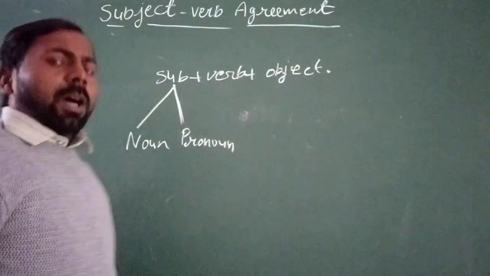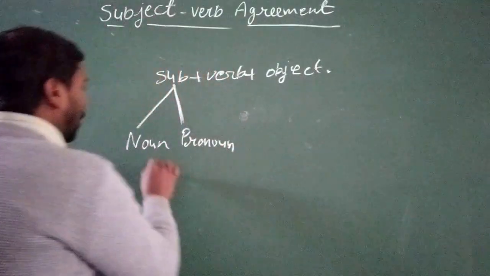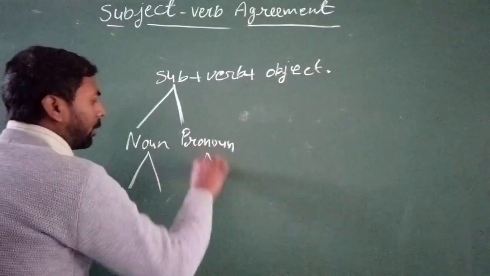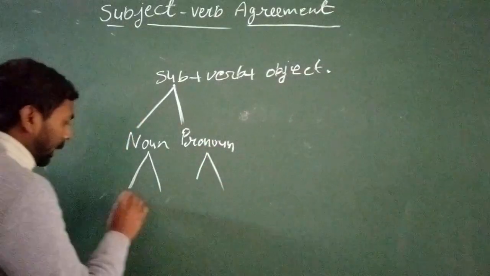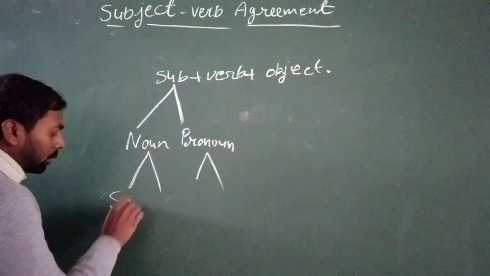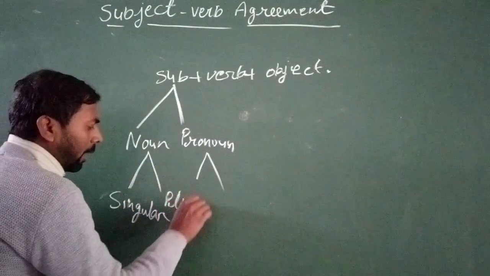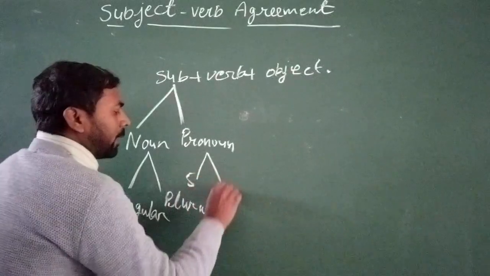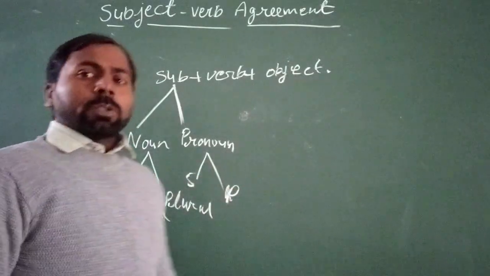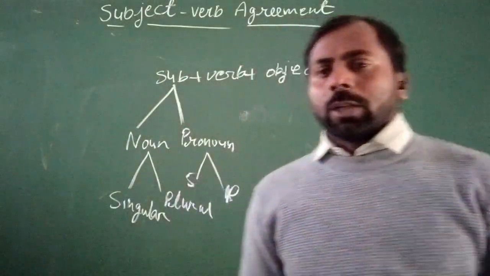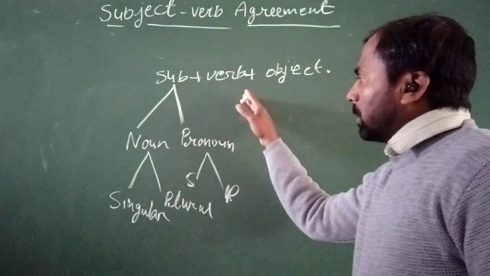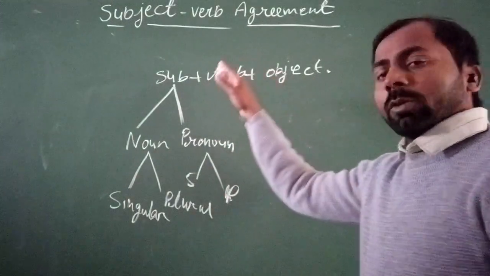We can also classify this noun or pronoun into 2 parts: singular and plural. So this is the structure of the sentence, and the sentence is divided into 2 parts.